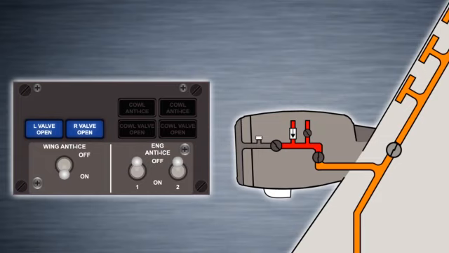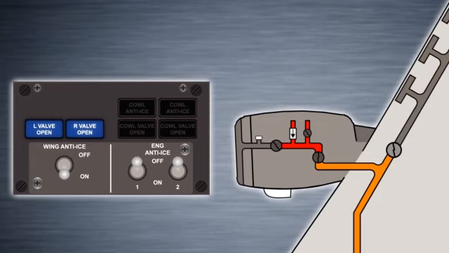There is a thermal switch in each wing distribution duct that will trip the wing anti-ice control valves closed if duct temperature exceeds 125 Celsius. Overheat in either duct and subsequent tripping of the related thermal switch will close both wing anti-ice control valves.